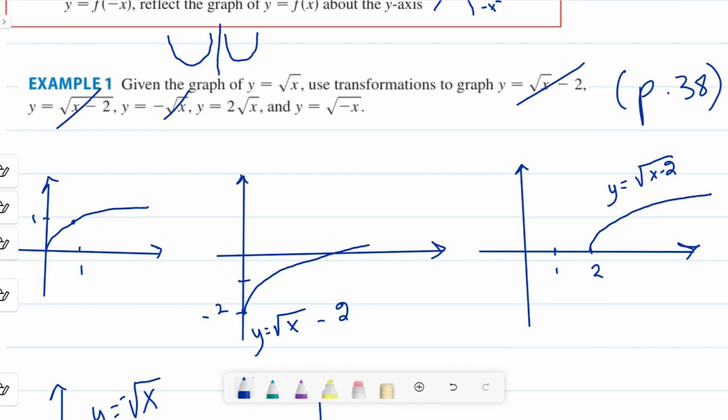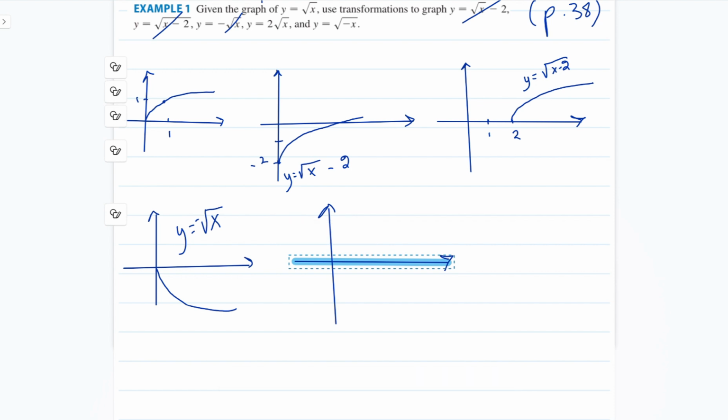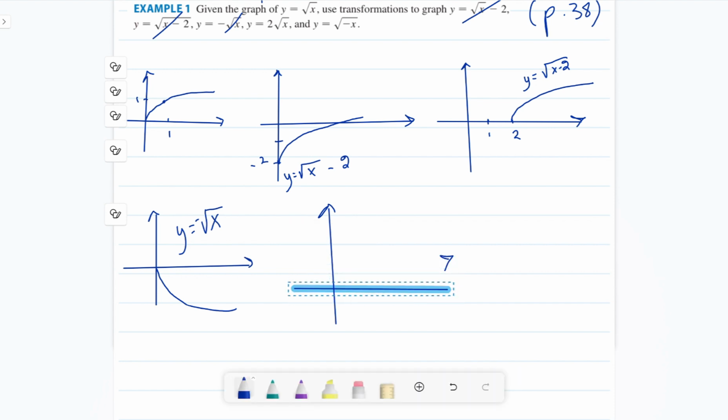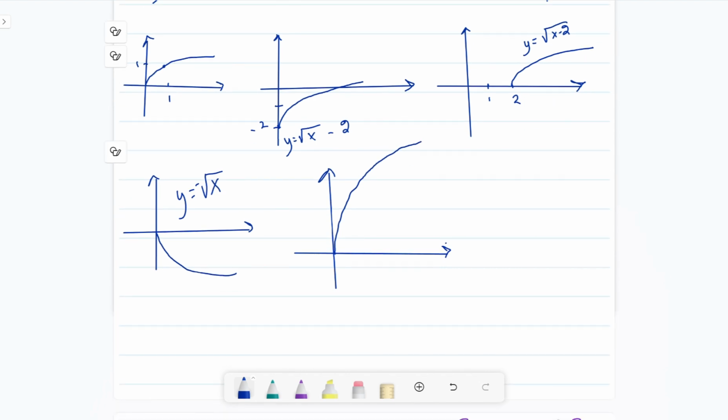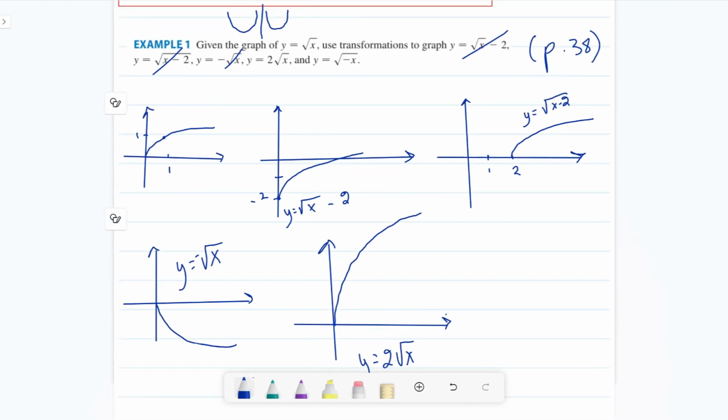So again, I'm just approximating, I'm not drawing anything exact, but let's stretch the graph vertically. What we get is something like this. So as you can see, we stretched it vertically. This is y equals 2 square root of x.